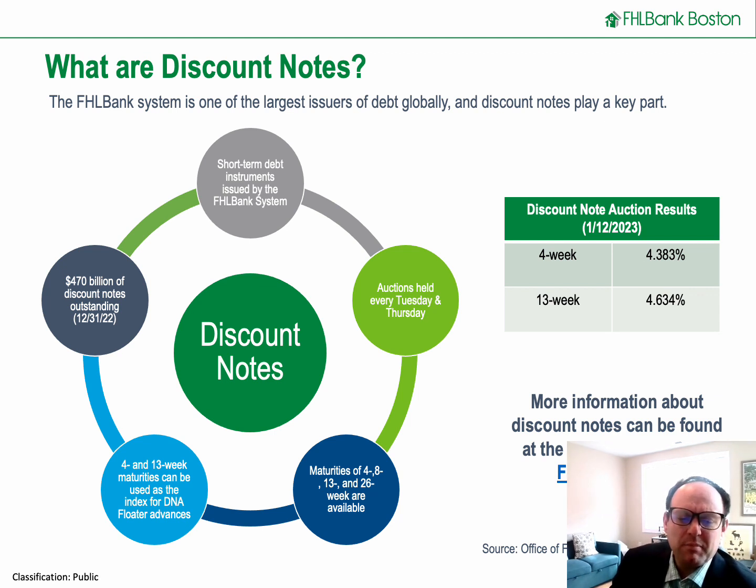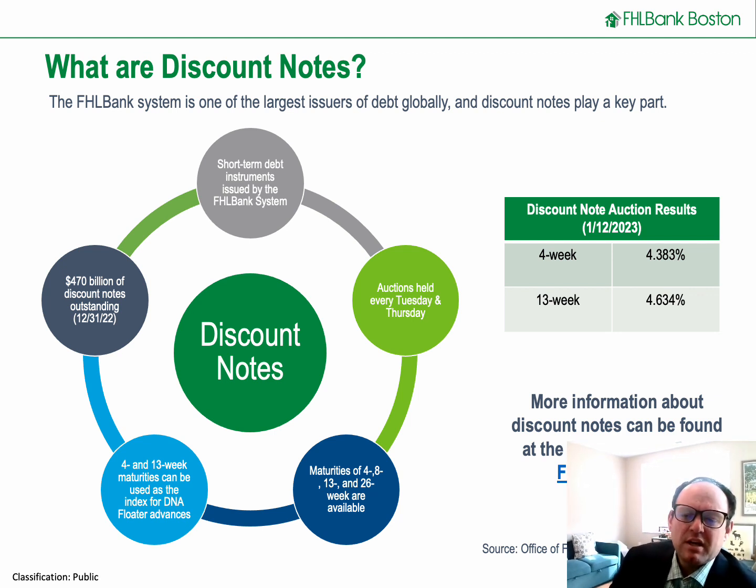When we think about the DNA floater advance, the 4 and 13 week maturities that are issued at auction every Tuesday and Thursday serve as the basis, or the index, for the floating rate advance.